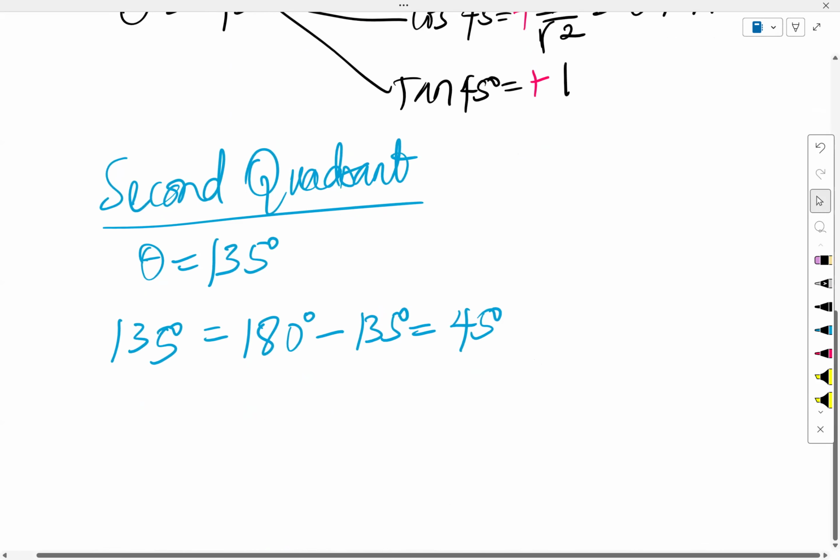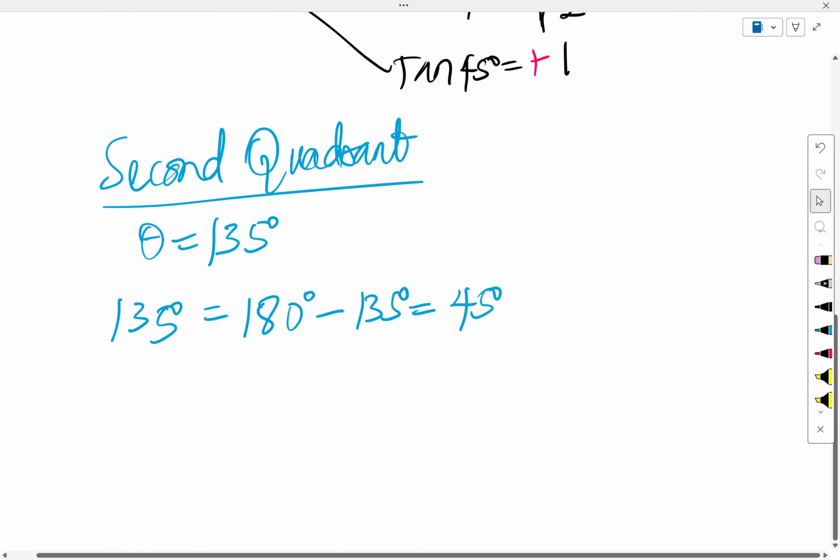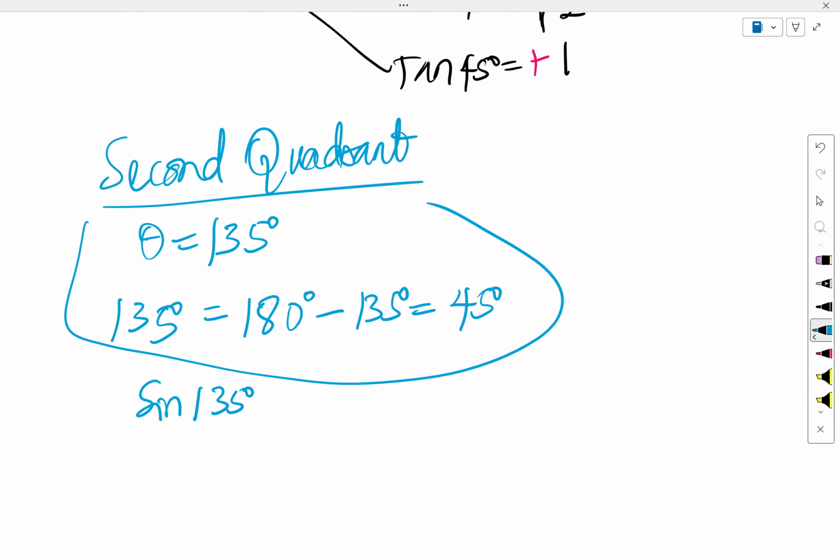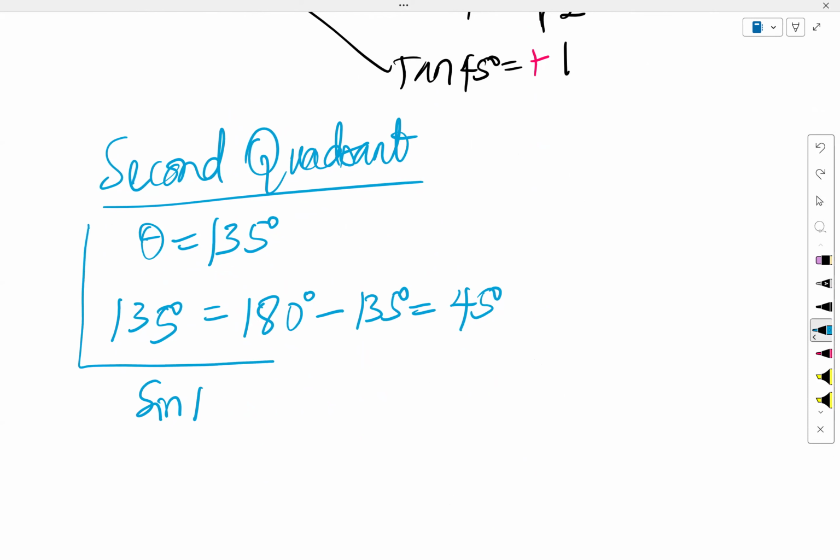So in this case, let's start with sine. You know that sine 135 degrees, let me do this carefully.